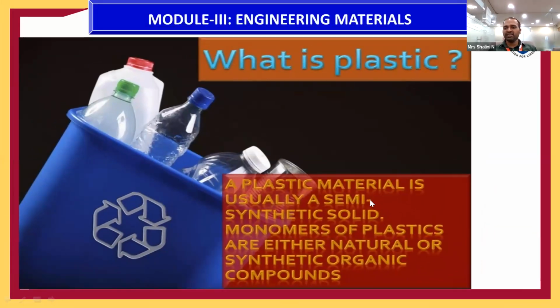So what is plastic? Plastic is a material which shows the property of plasticity, and these materials are usually semi-synthetic solids. The monomers of plastics are either natural or synthetic organic compounds.